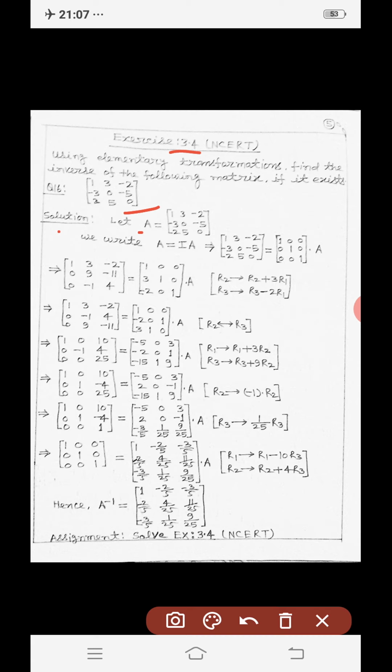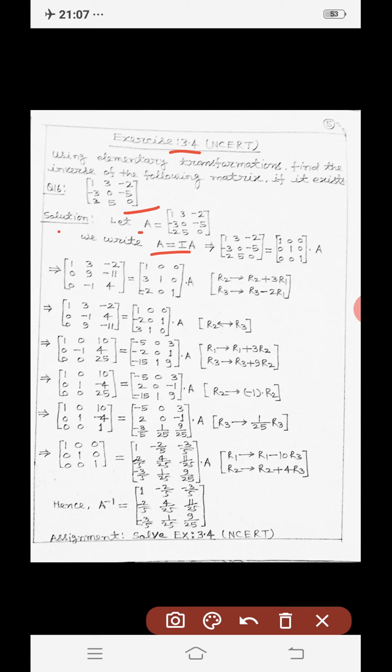We write A is equal to IA, which means here we use row transformation. Dear students, I want to tell you, if we write A is equal to IA, meaning row transformation, then we use only elementary row operations throughout.